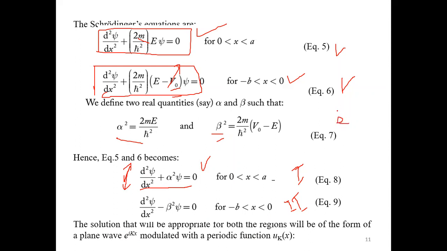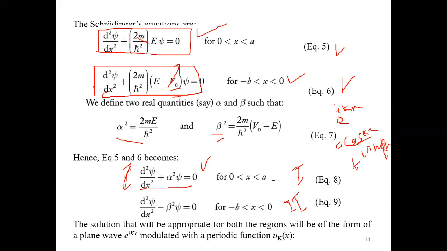So e to the power ikx is basically cos kx plus i sin kx. You know this one, it's called the Euler equation. Cos kx plus i sin kx.